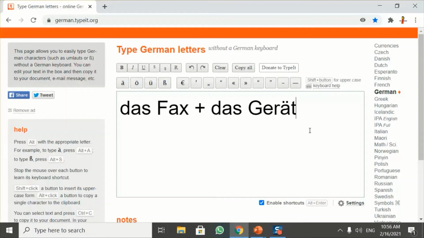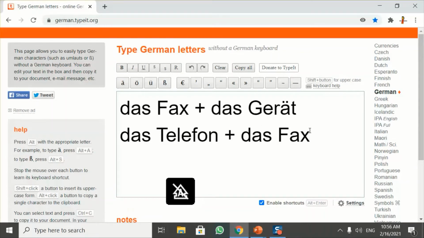In the same way, Telefax is made up of das Telefon, das Fax. So it becomes das Telefax.